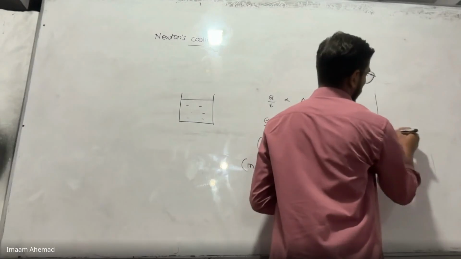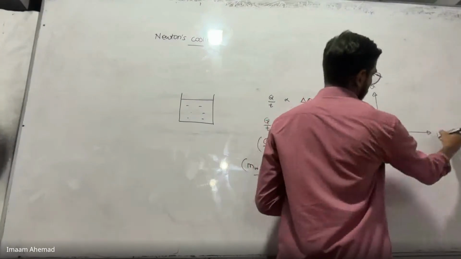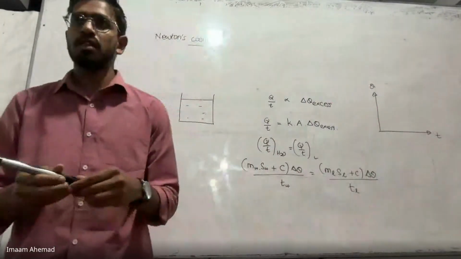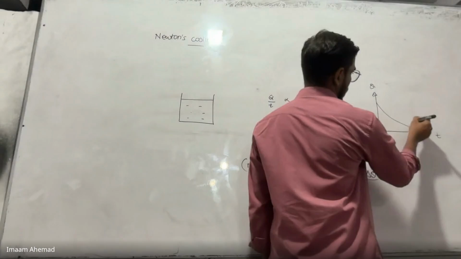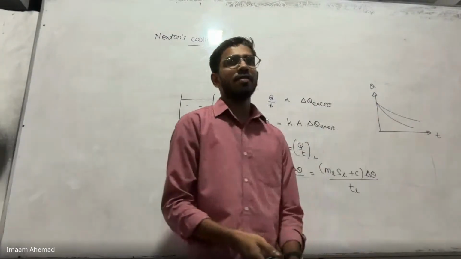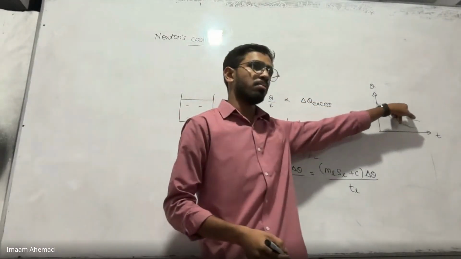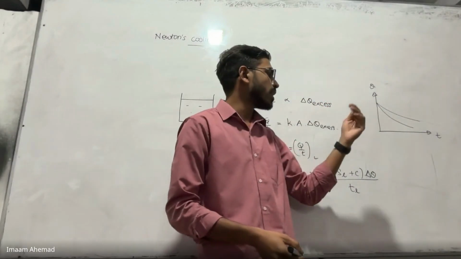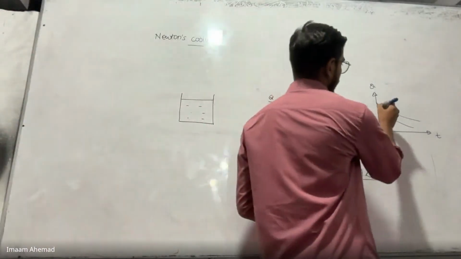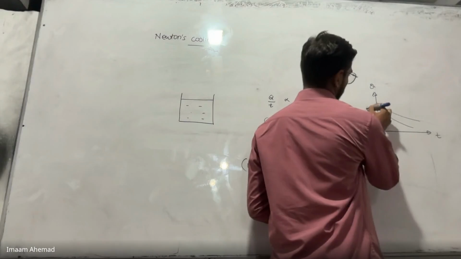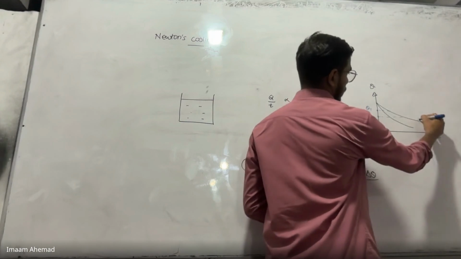When we plot it for both the liquids, we will get a graph like this. If water has higher specific heat capacity than the liquid, it will come on top. The other one will be the second liquid. From this graph, we can find the time taken to drop from temperature theta 1 to temperature theta 2. So this is water.